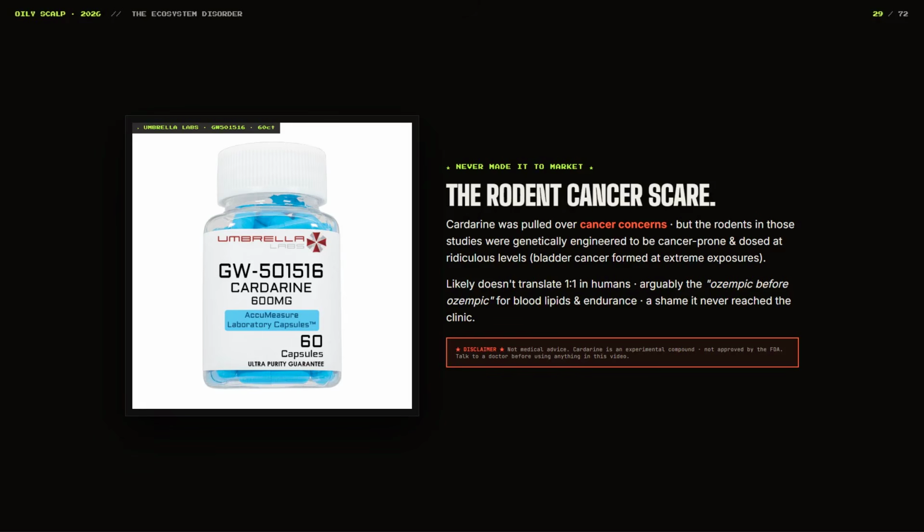Not only that, but they exposed those cells to ridiculously large quantities of Cardarine, and that was the moment they saw some signs of a sort of cancer forming. But that was such an extreme sort of experimentation that it very likely doesn't translate one-to-one in humans. So it's a real shame that this drug, which was probably the Ozempic before Ozempic was Ozempic, never made it to market.